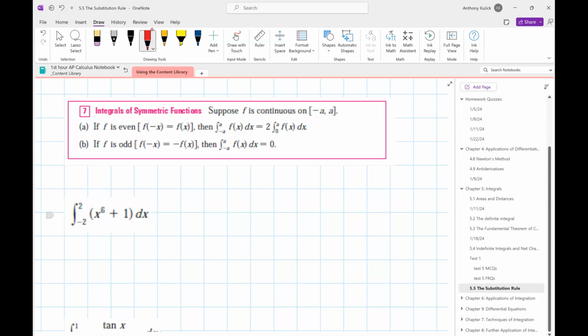odd or even. Okay, so if I look at this one, x to the 6 plus 1 is odd, even, or neither? Even, how can you tell? It's not just the degree of the polynomial. Because if this was x cubed or x to the 6th plus x plus 1, it's neither.